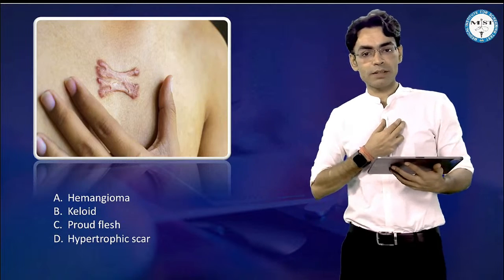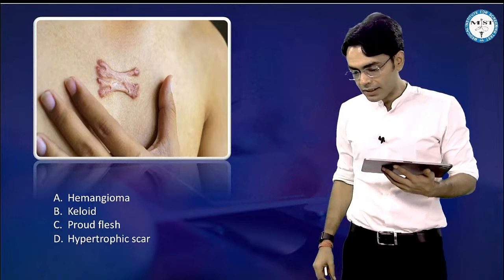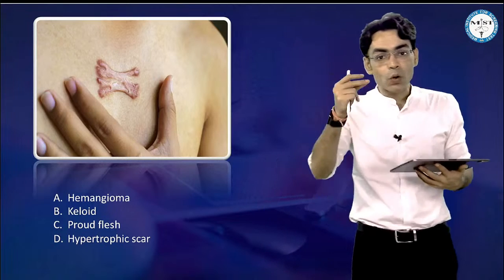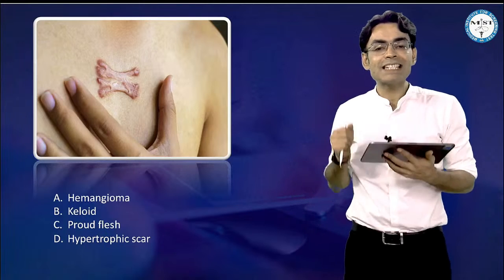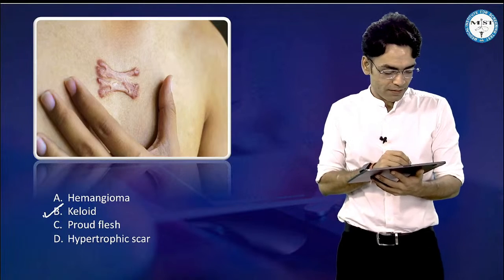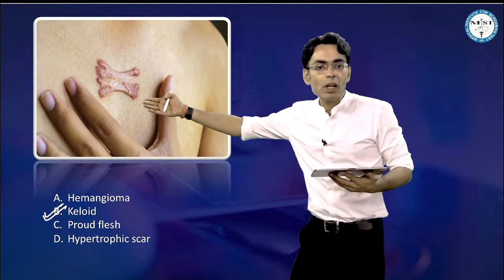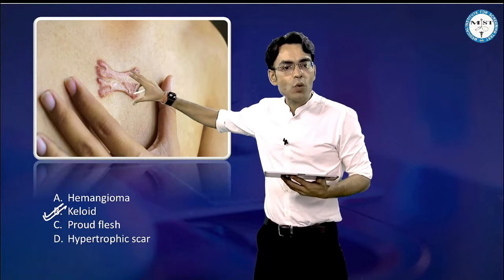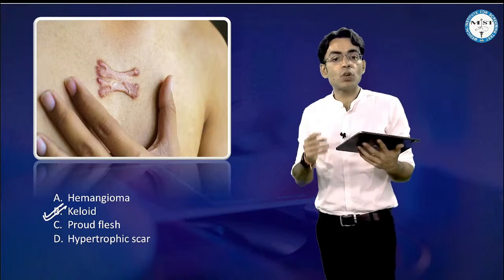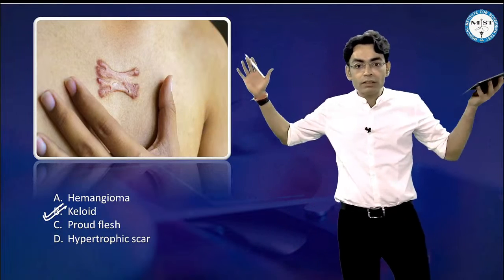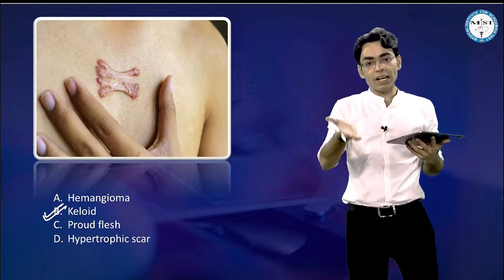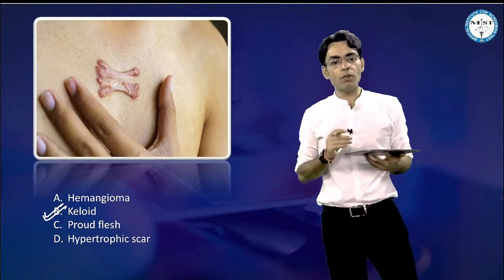So the examiner is giving you a hint. Very good. Amazing. It's keloid. The most common site for keloid is sternum. It is coming over the wound and it is going beyond that as well. So it is your keloid. Keloid means a raised scar even outside the wound boundaries.